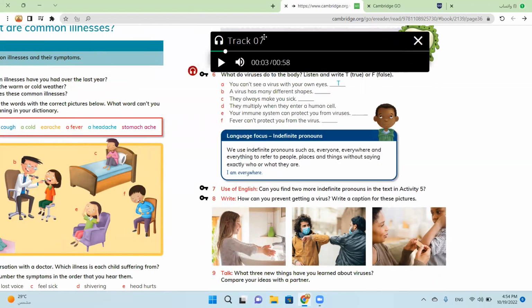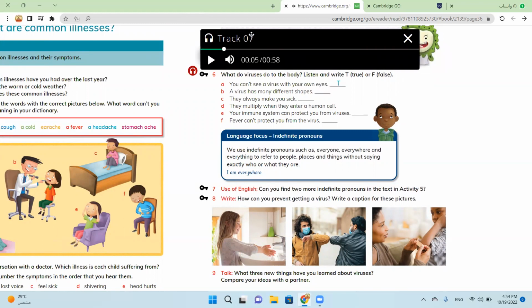I am everywhere. On your door handle, the table, your keyboard, even your skin. I don't eat, and I'm so tiny that you need a microscope to see me. If I get inside your body, I can multiply and make you sick. I can give you a cold, the flu, or serious illnesses like dengue or Ebola.